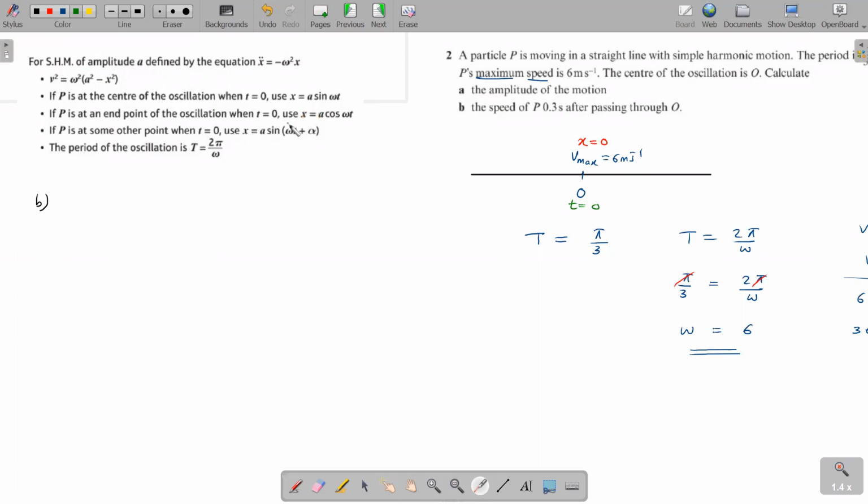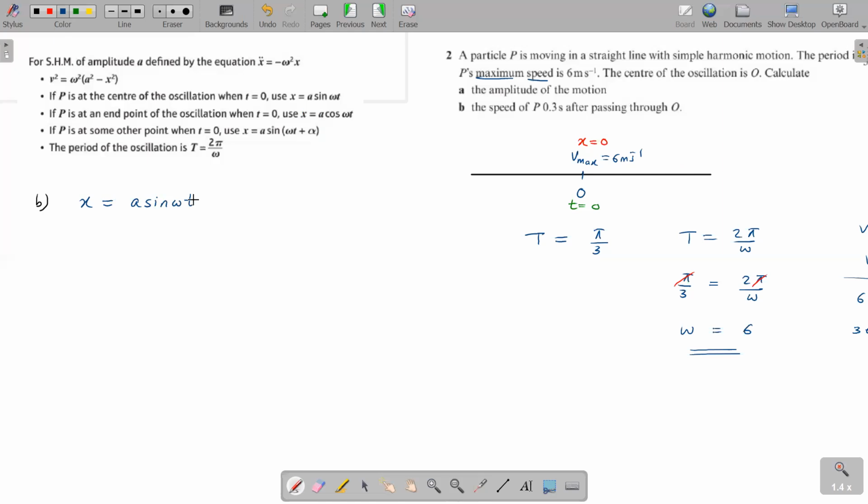At the start of the motion, when time is 0, if your particle is at the amplitude, you're supposed to use x equals a cos omega t. Now, in this sum, where do we find the particle at the beginning? At time 0, we find the particle at the center, isn't it? So we can go with the equation x equals a sine omega t.